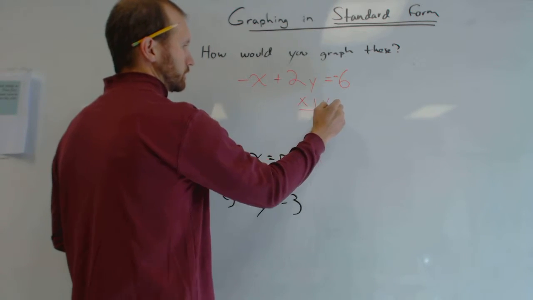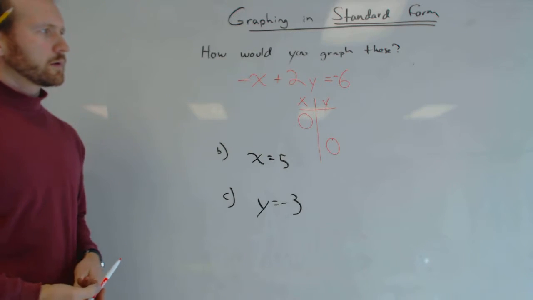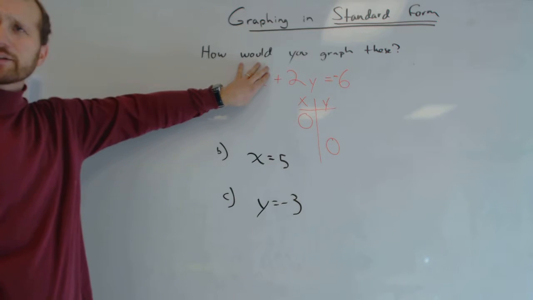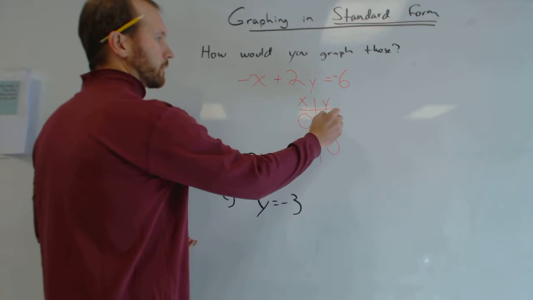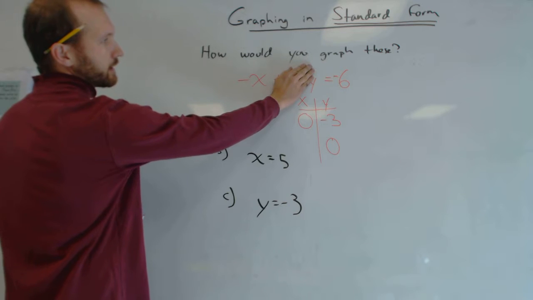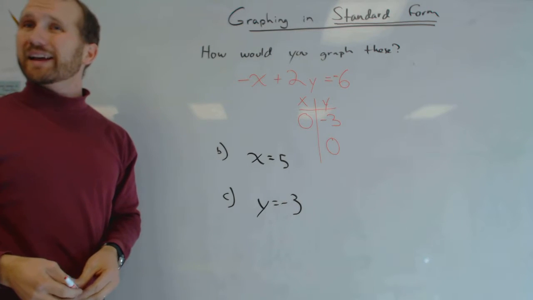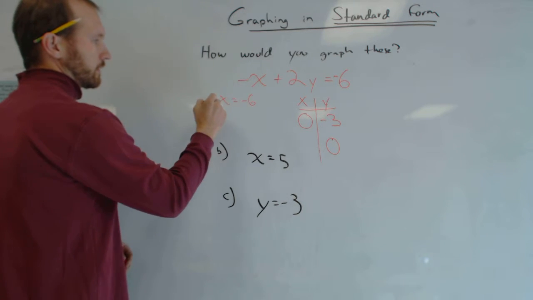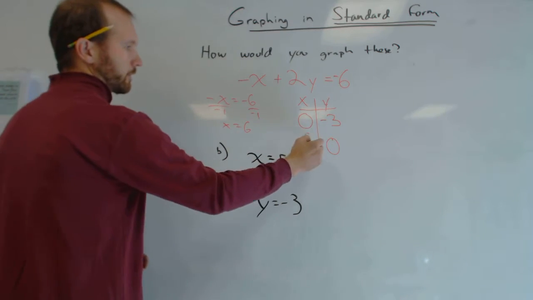So, x is 0, y is 0. So if x is 0, 2y equals negative 6, y is negative 3. If y is 0, negative x equals negative 6. Divide by negative 1. And then it's just 6. x equals 6, right?